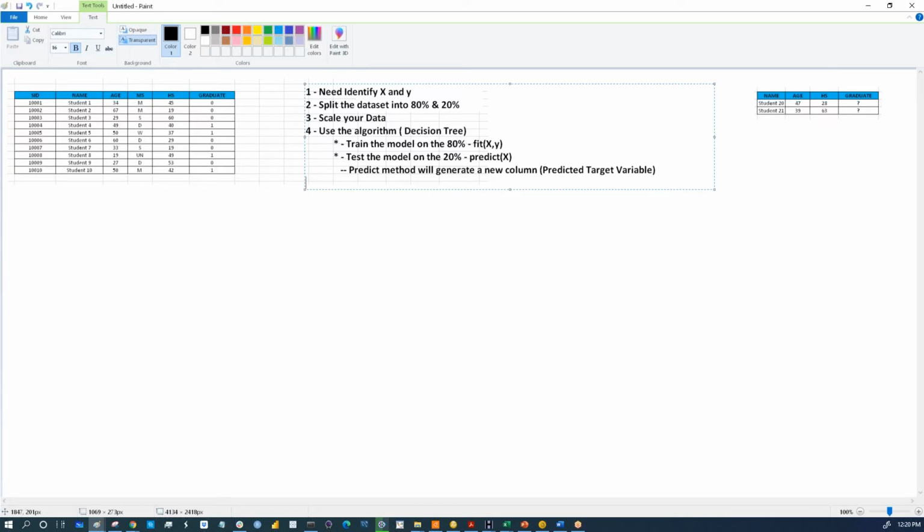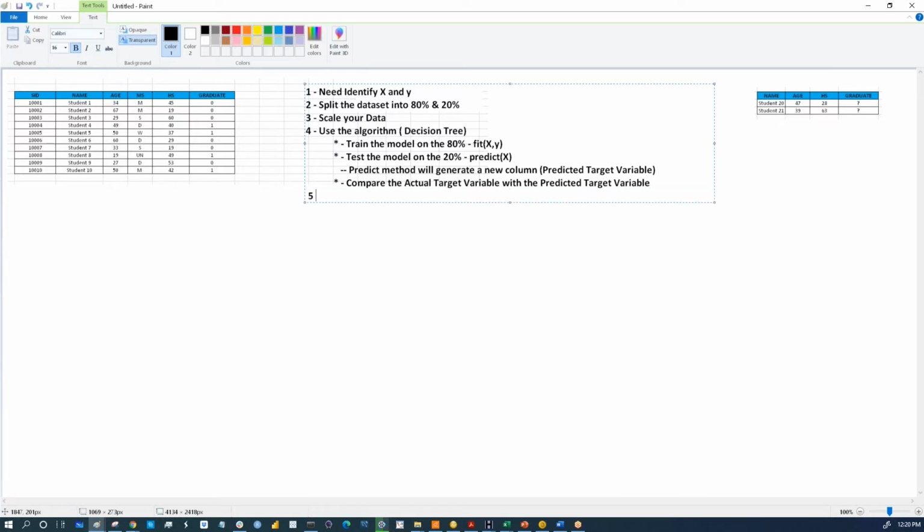Okay, and now what we have to do is we need to compare the actual target variable to the predicted target variable.